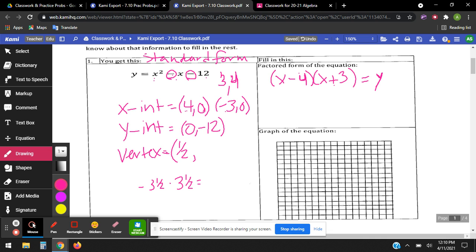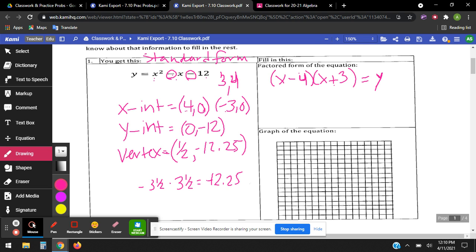So what's 3.5 times 3.5? Just a minute here. My calculator to come up. Right, 1/2 minus 4 is negative 3.5 times 3.5, negative 12.25.